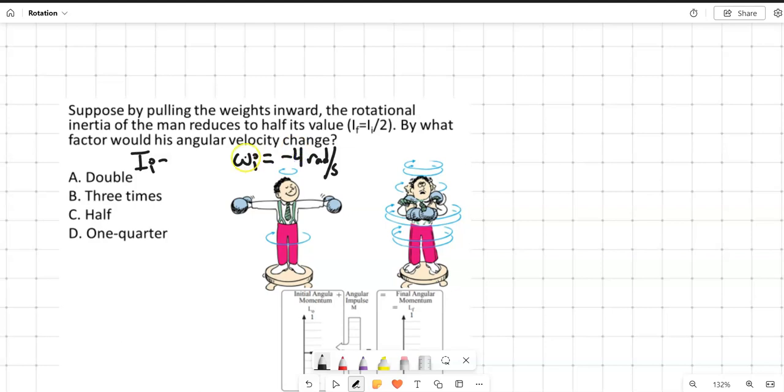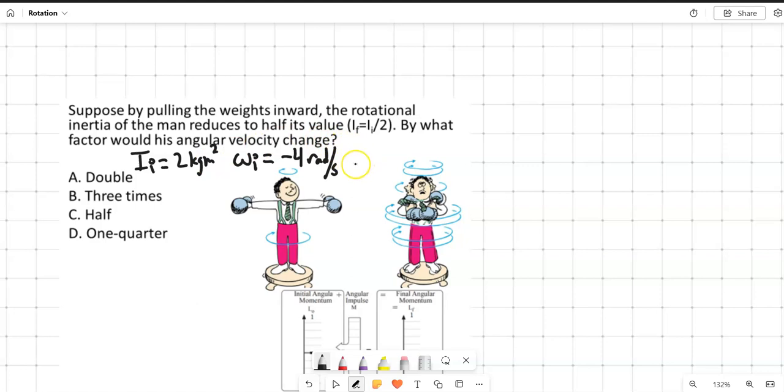Actually, let's make this -4 radians per second. And their initial moment of inertia, let's just call this 2 kilogram meter squared. I'm just giving it a number.